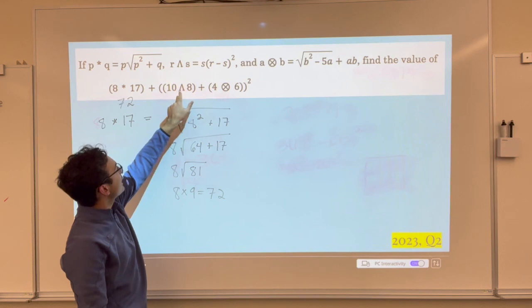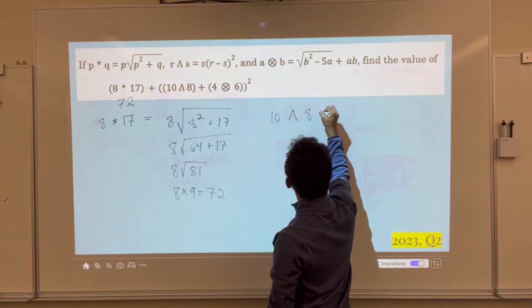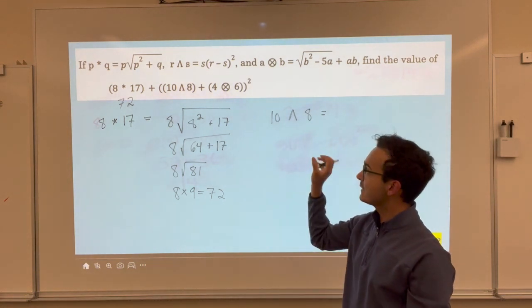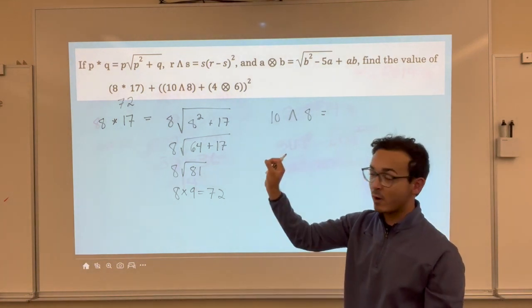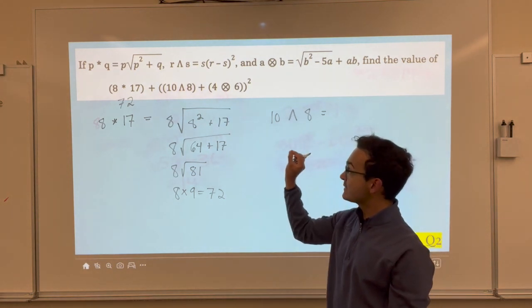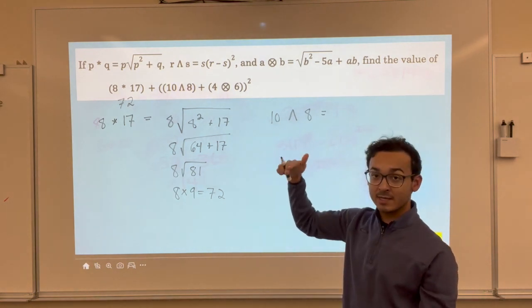So 10 lambda 8. Well, it tells us that r lambda s is equal to s times the quantity r minus s squared. So we have to be very careful. Again, r lambda s is equal to s. So we have to use that second number to multiply outside the parentheses.